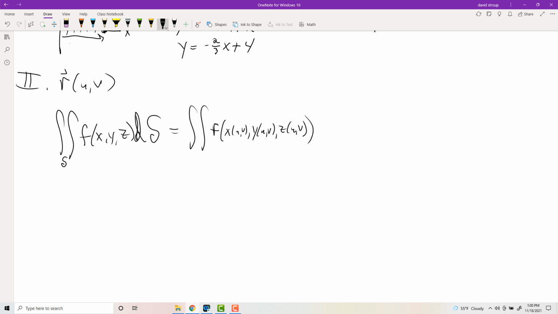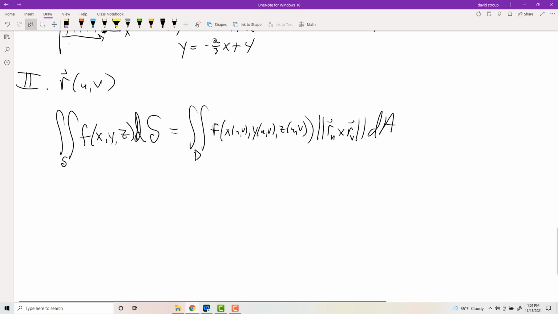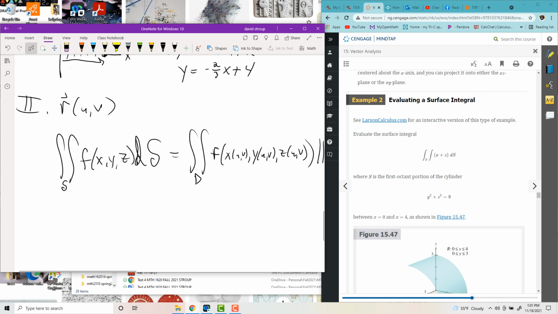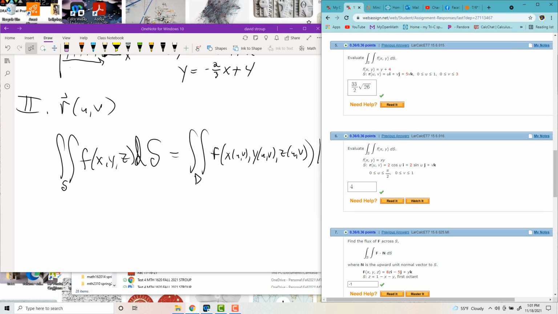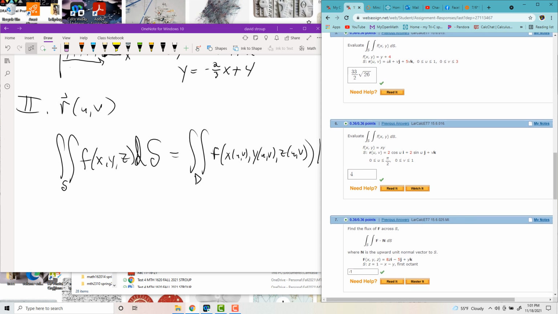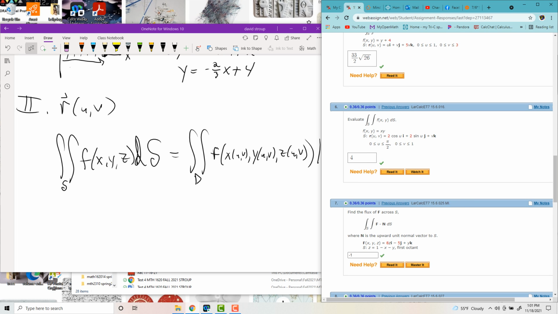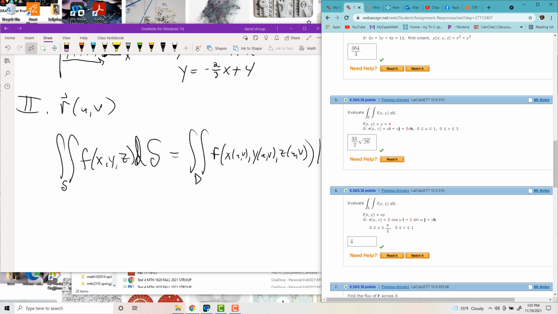And instead of that square root of 1 + fx² + fy², it'll be the magnitude of the cross product of r_u and r_v, dA, right? And we're integrating over some weird region in the uv-plane. So let's see if we can get our hands on one of those. Sometimes you have to go polar to evaluate some of these.